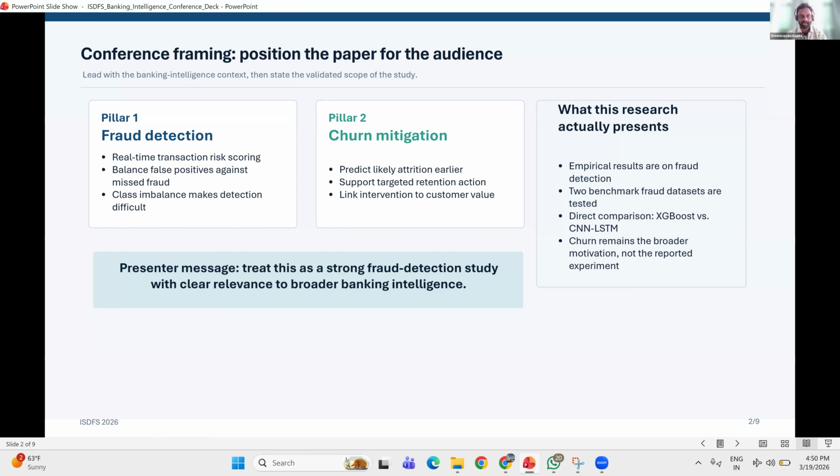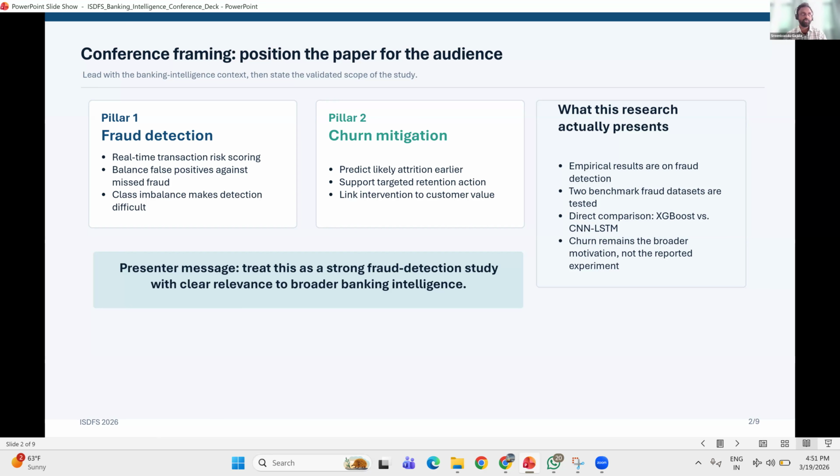We compared that with the real-time transactions and identified the risk score. Based on the risk scoring, with artificial intelligence, we collect the data and determine what solutions are best. As part of this, I compared XGBoost versus CNN-LSTM models. And coming to the next point, balancing false positives against missed fraud.